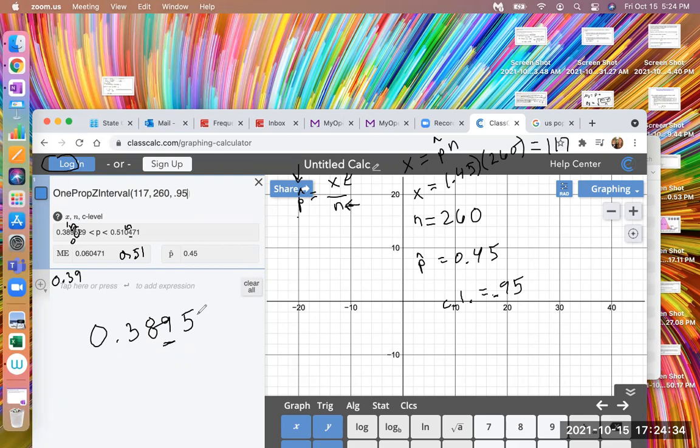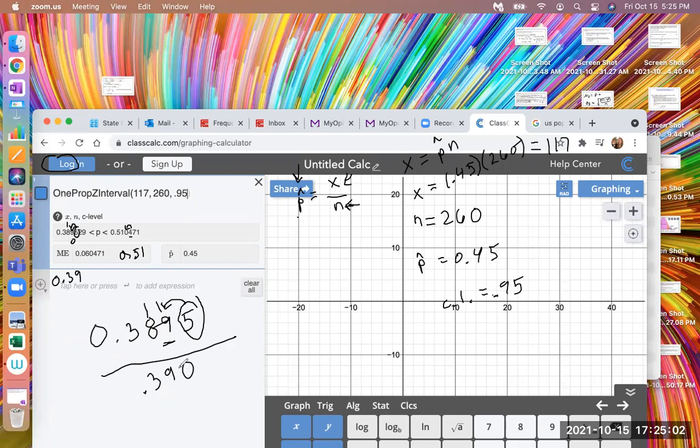I have to look at the number directly to the right of that and ask, is it 5 or greater? Yes, it is, which means I would have to add 1 to this place value. If I add 1, that makes 10. Then I have to carry it over here, and that would make 9. And then the next one would just come down. So this would be rounded to 0.390.